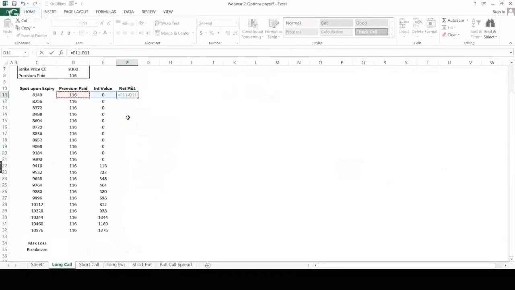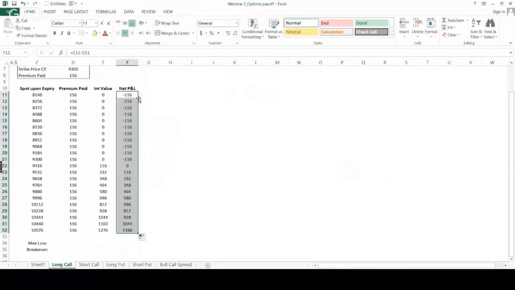From the intrinsic value, I will have to subtract the value of my premium, which is exactly what I'm doing here. Now, if I develop this P&L, I will get to know what will be the P&L upon expiry. This table helps me understand all the various possibilities.